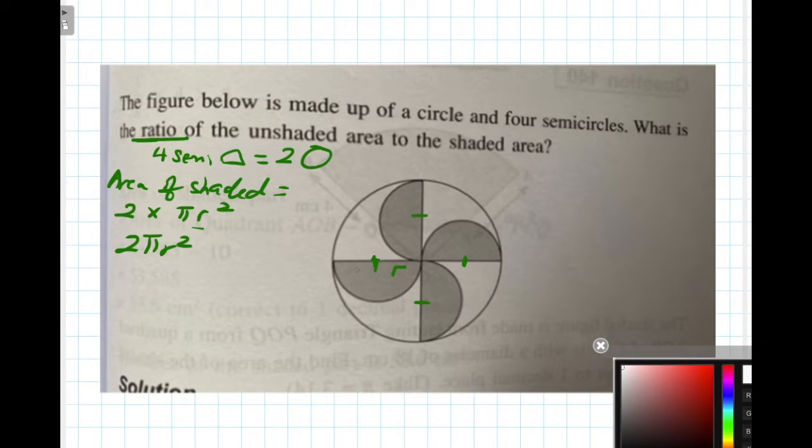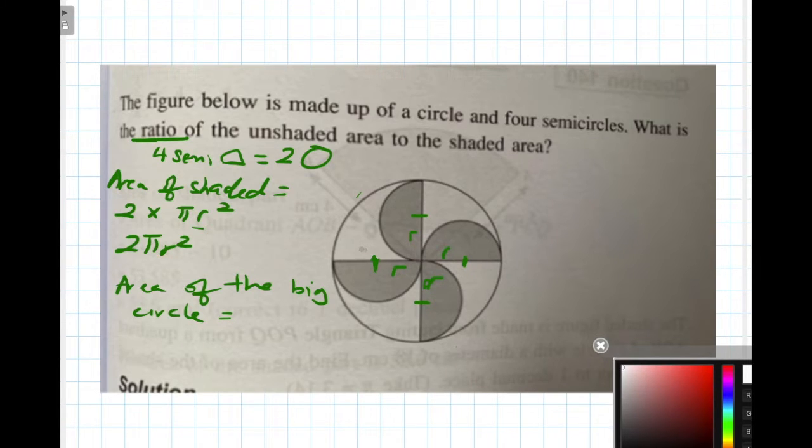So the area of the unshaded will be the big circle minus the small circle. So the area of the big circle: you know the semicircle has a radius of this r.